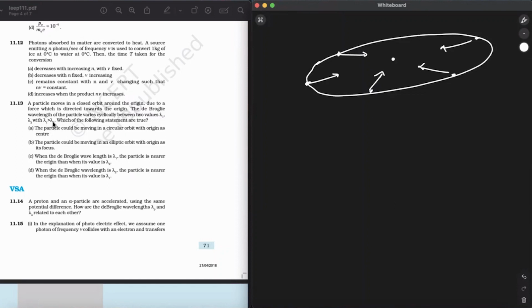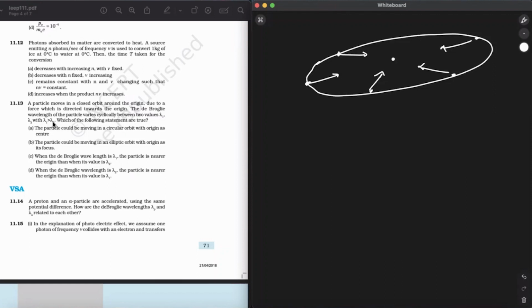Which of the following statements are true? The particle could be moving in a circular orbit with origin as center. The particle could be moving in an elliptical orbit with origin as its focus.